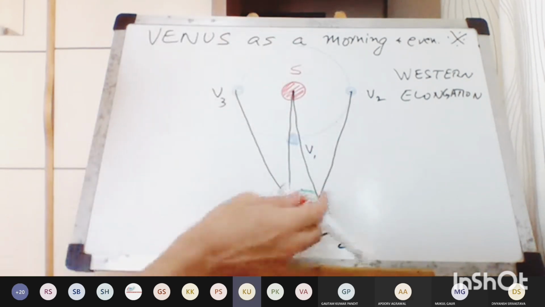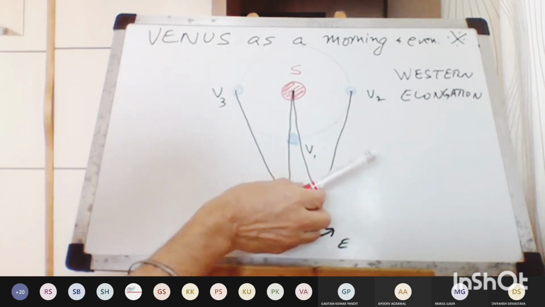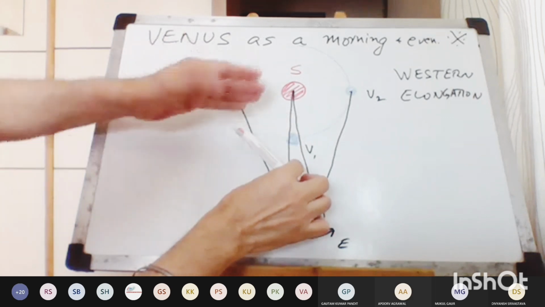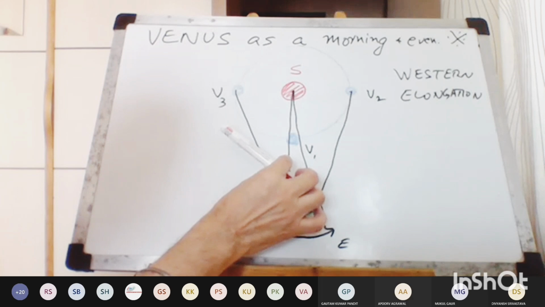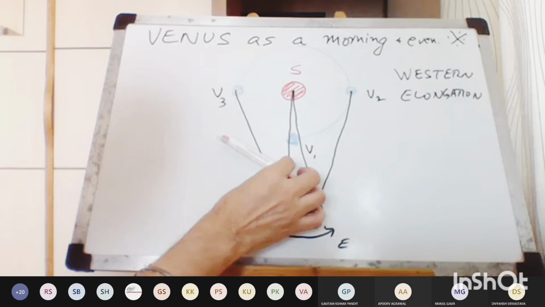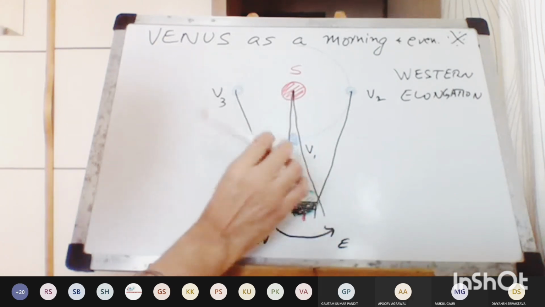Because V2 rose first, V2 appeared first, the Sun appeared later, so automatically, when sunset is about to happen, V2 has already set. Correct? So V2 has already set. So Venus is not visible in the evening because she has already set and gone, and sunset happens later.